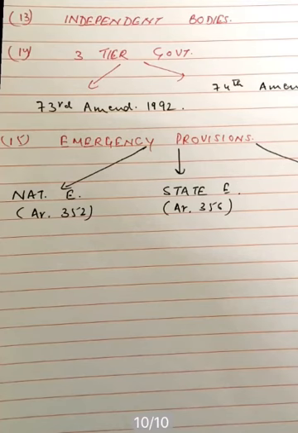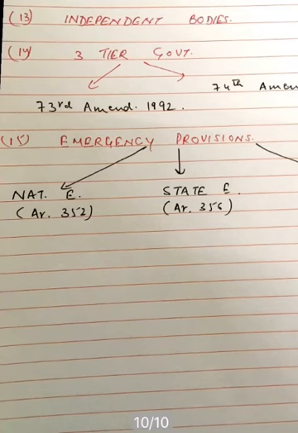Then next would be the Union Public Service Commission to conduct examinations for the recruitment of All India Services, the State Public Service Commission in every state, or the Comptroller and Auditor General to audit the accounts of the central and state governments, and so on. So these could be some of the very important independent bodies.